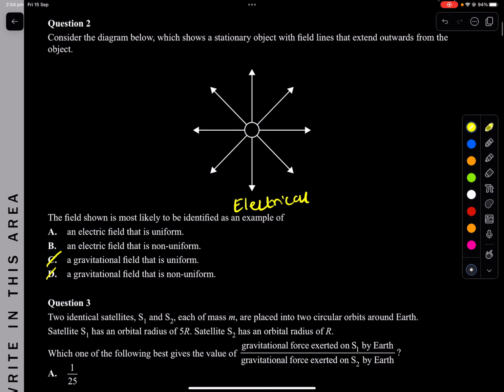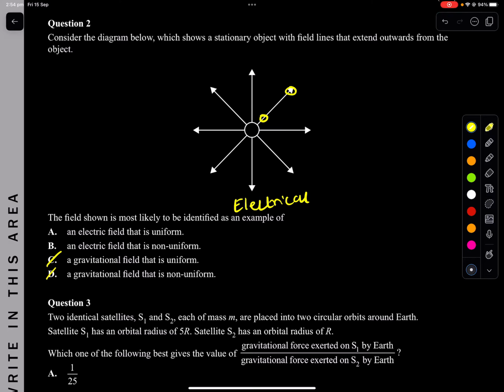Okay, think of it like this for uniform and non-uniform. If we put an object right over here, next to the charge, it's going to be very attracted. The field here is very strong because it's near the source. And what if I put the object over here, let's say on the arrow? What's the difference in the electrical strength?